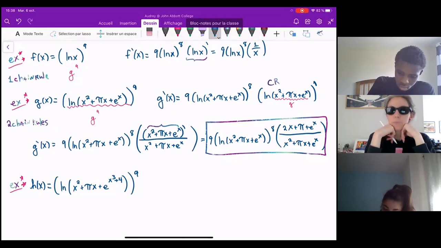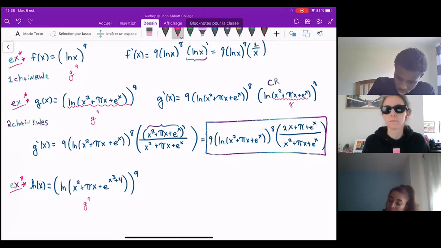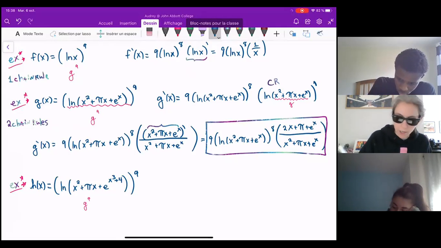Is this pretty much the same problem? Yeah. So do I once again just have g to the power of 9? Yes. So I'm going to start this off exactly the same way.